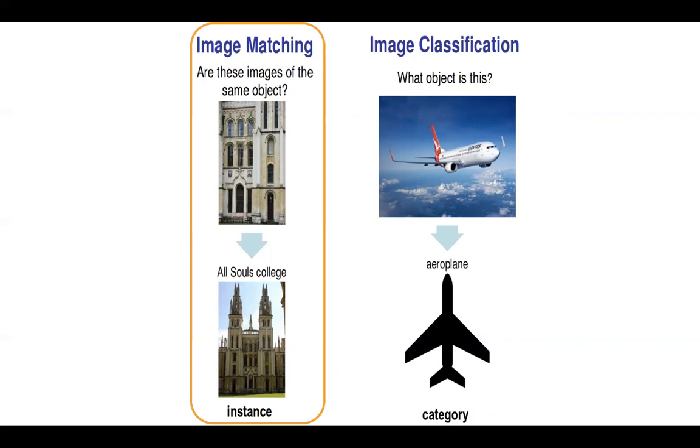This is in distinction from image classification, which I'll also talk about later in this presentation, where the task is to define the type of object that something is. In image matching, you're looking for the exact object or its analog, a close copy in the world, and asking if you're seeing the same object in different images.